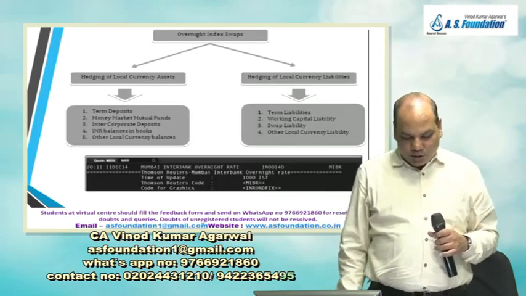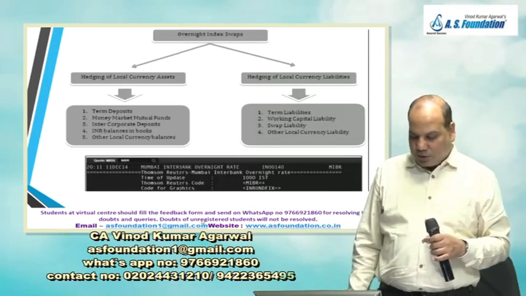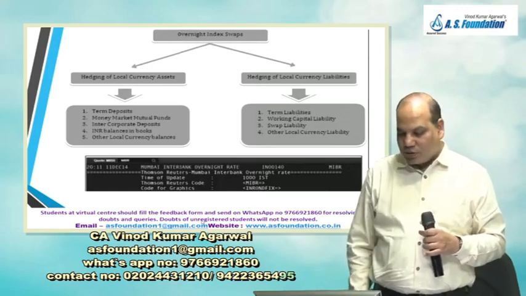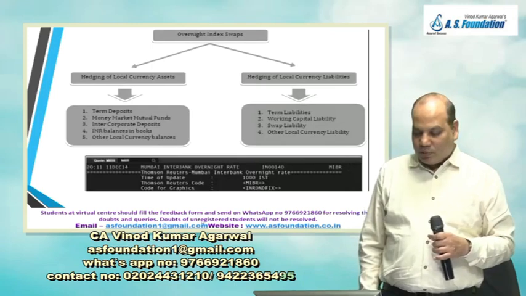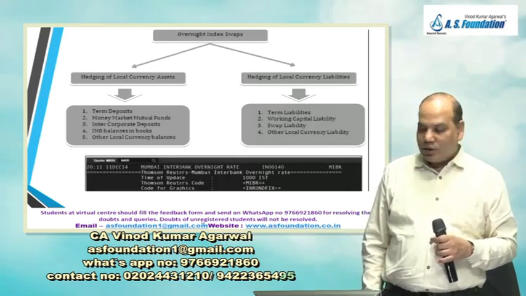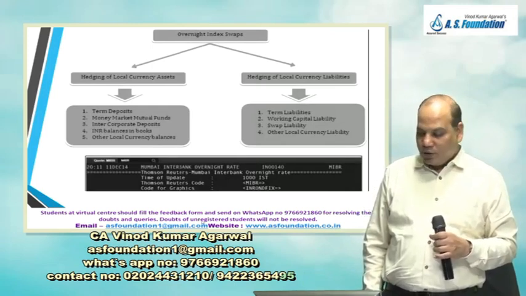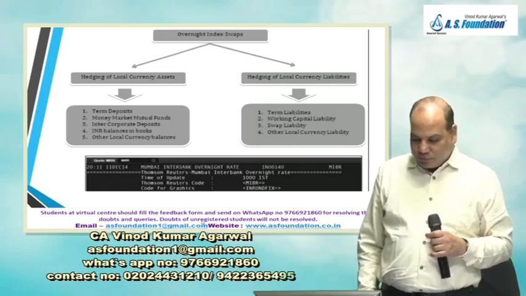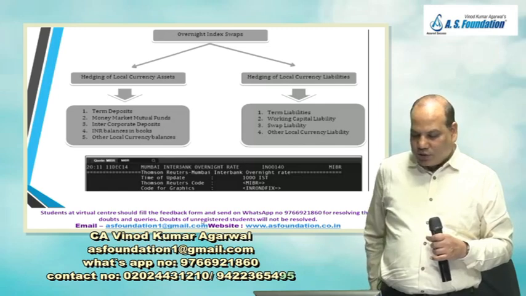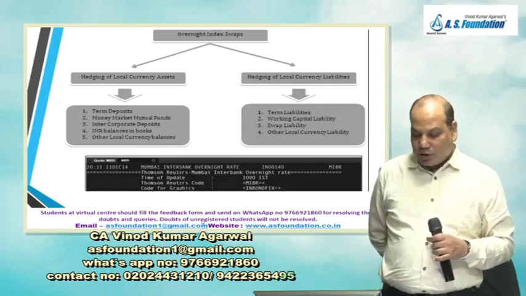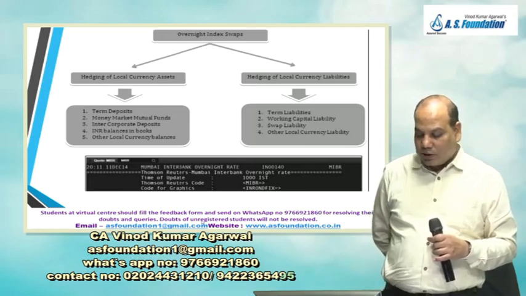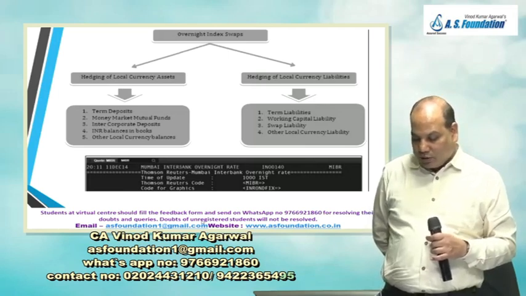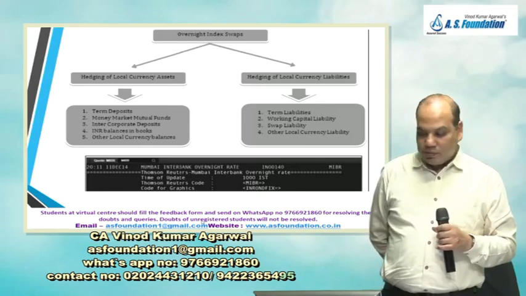So there is a small diagram they have given to you, copied, pasted from some unknown sources. Overnight index swap: left side hedging of local currency assets, right side hedging of local currency liabilities. Examples of local currency assets: term deposit, money market mutual fund, intercorporate deposit, INR balance in books, and other local currency balances.